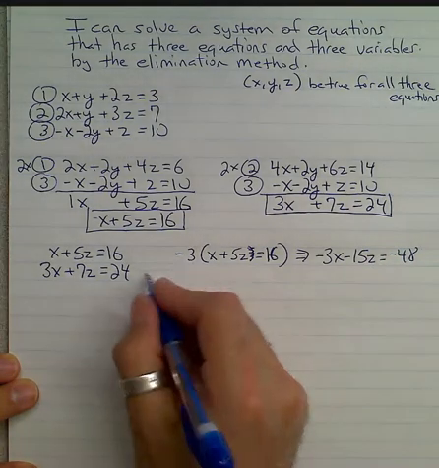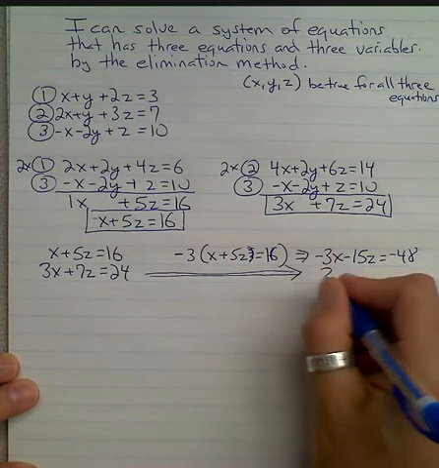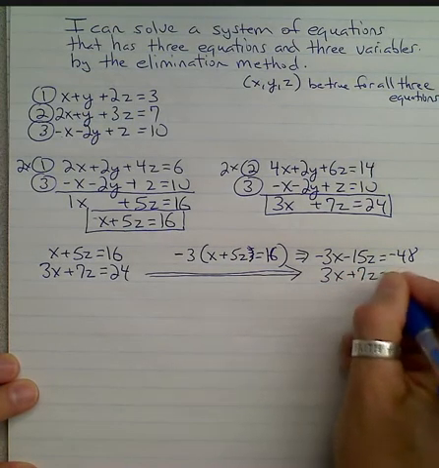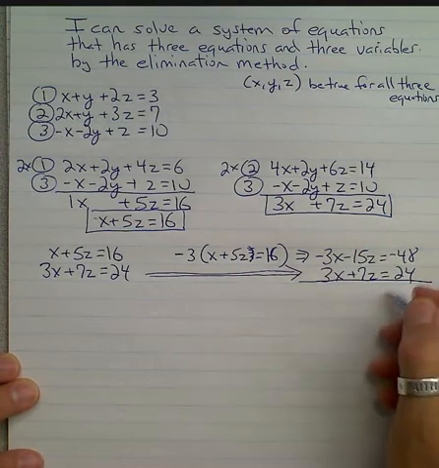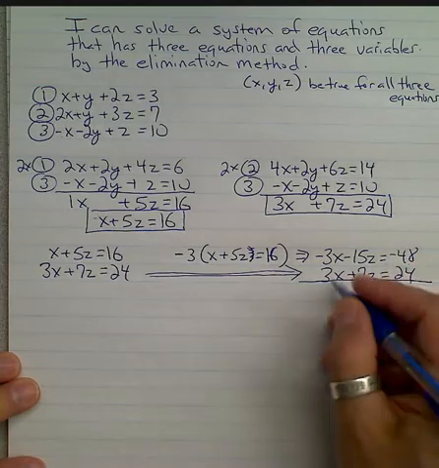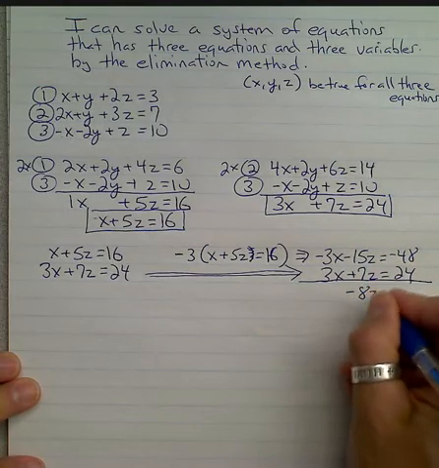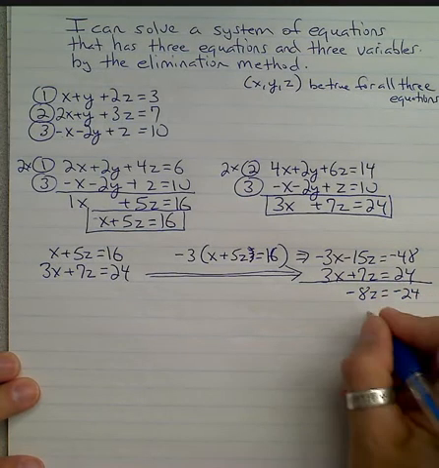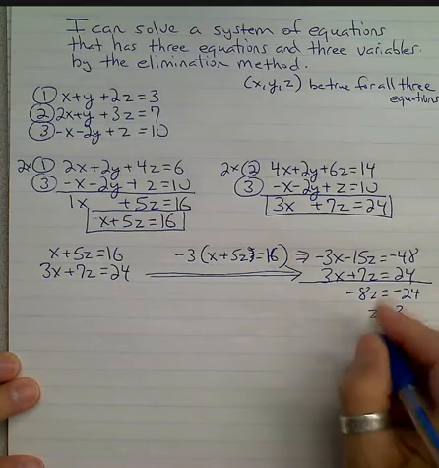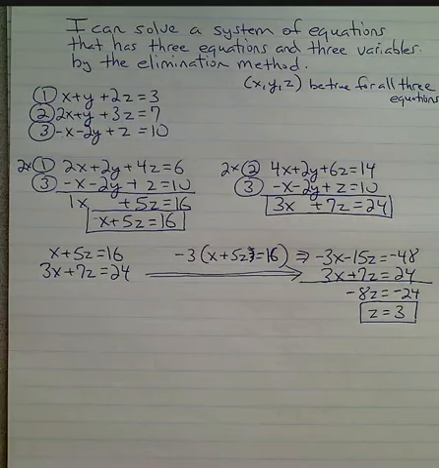We're going to leave the bottom equation the same. So that now when I combine these two equations by adding down, I eliminate the x. And I have negative 8z equals negative 24, and therefore z will equal 3. So I have one of the three variables that I'm looking for.